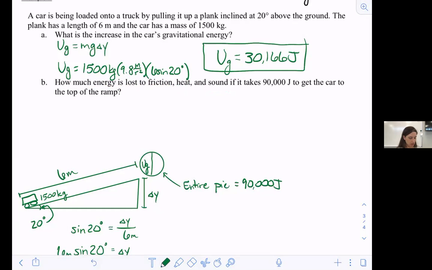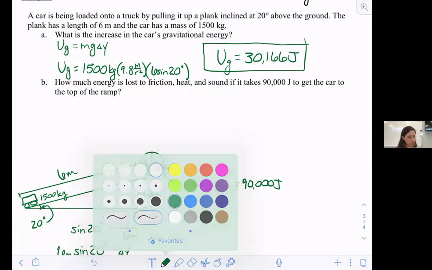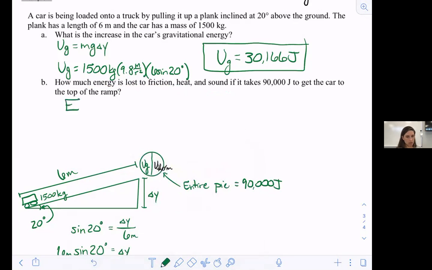And we know that energy loss to heat, light, and sound is thermal energy. So our total energy, which I'm just going to call E total, the entirety of this pie has to be made up of gravitational energy and thermal energy.